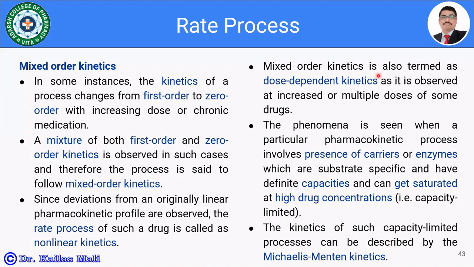Let us see the mixed order kinetics. Previously, we have seen zero order kinetics, right? We have seen first order kinetics. Our ultimate aim is to get linearity in order to calculate the rate constant.